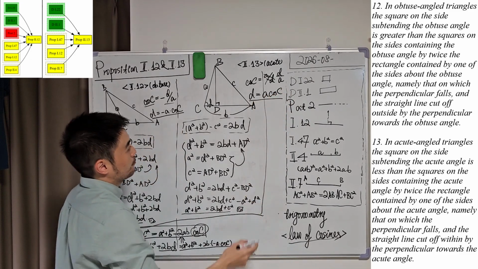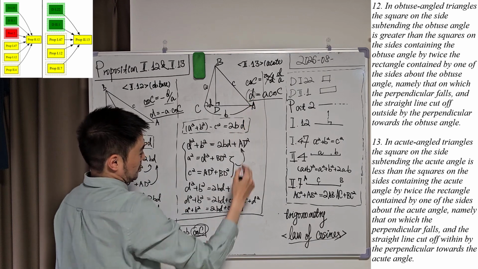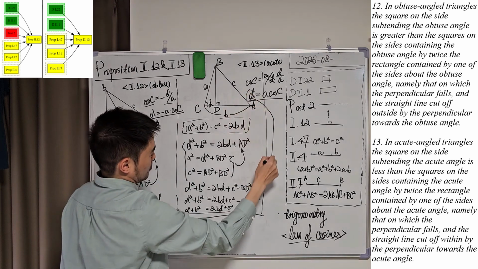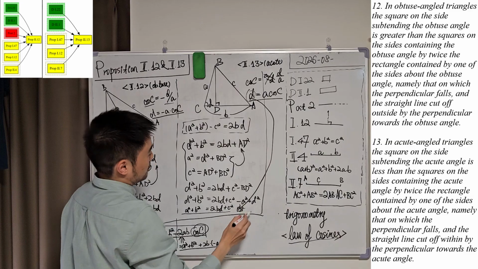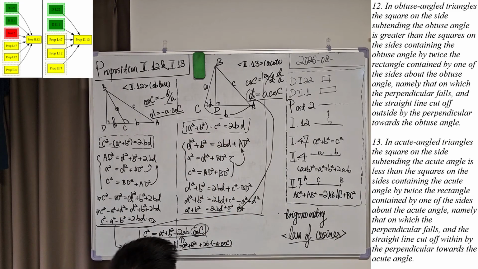Okay, and if we plug in the value of D to the conclusion of proposition 13, we will have that A squared plus B squared is equal to twice of B times A cosine C plus C squared, correct?